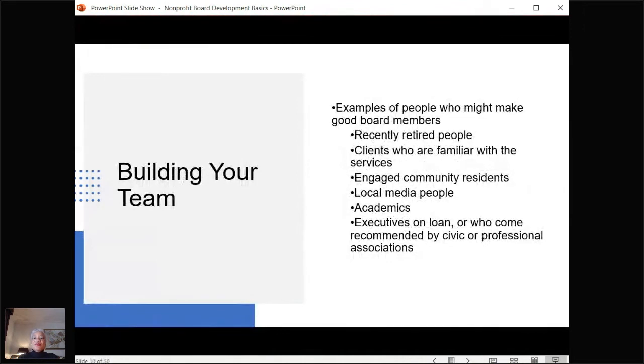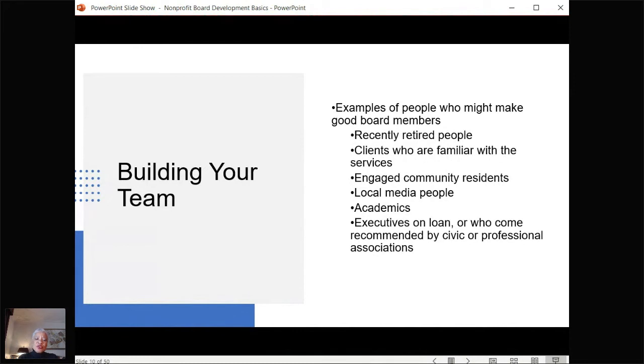So examples of people who might make good board members include people who are recently retired, people who are familiar with your services, and your clients who are really familiar with your services. So they might be good people. In fact, I would recommend that you always have a client or end user of your services on your board to make sure that you keep your finger on the pulse of what's happening and make sure that your services are relevant.